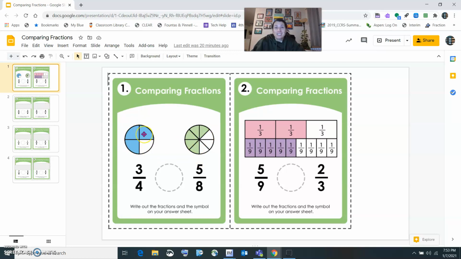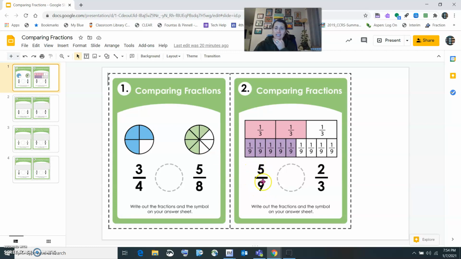Yeah, the 3/4 is still bigger. So no matter what whole you use, 3/4 is always going to be bigger than 5/8 because all we're doing is changing the size of those pieces, but 3/4 of something is always going to be bigger than 5/8.